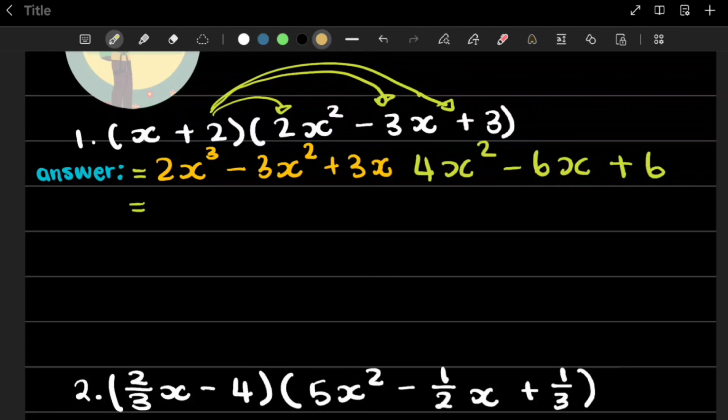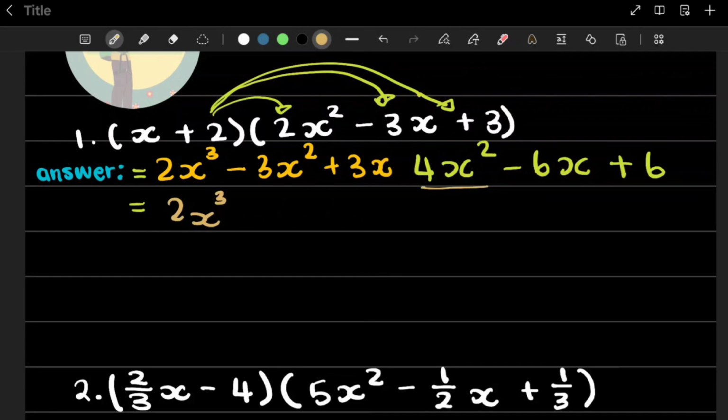Now we're going to look for like terms. Like terms means that the variable and the exponent are the same. So now we need to look: is there another x to the power of 3, or x cubed, in this expression? No, there isn't. So we're just going to write down 2x cubed. Is there another x to the power of 2 in here? Yes, there is. And oh, I forgot to put the sign.